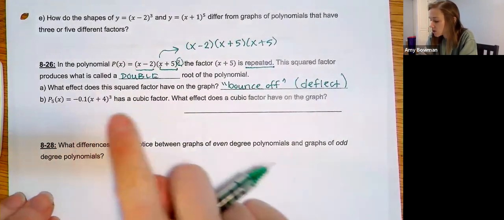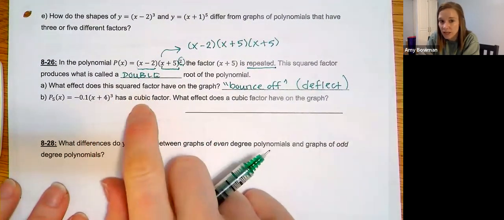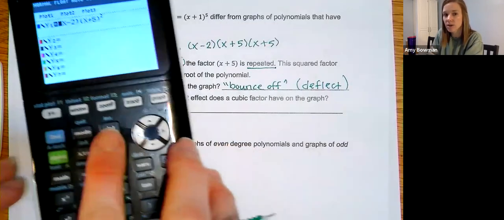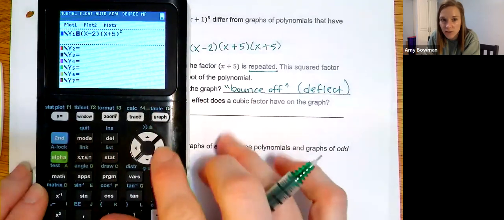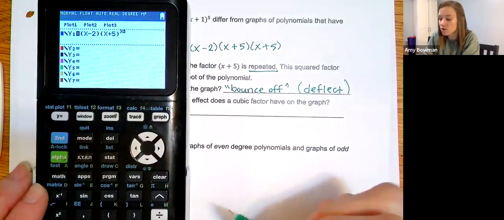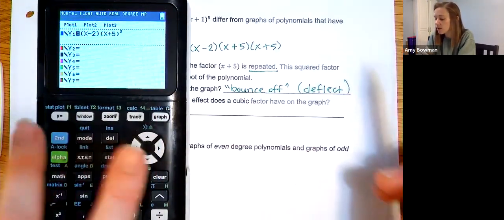All right, so let's look at third degree. So a cubic factor. In fact, I'm actually just going to leave this same one. I'm not going to use the example. If I change that to a third degree or cubic factor right there, let's see what effect that has.